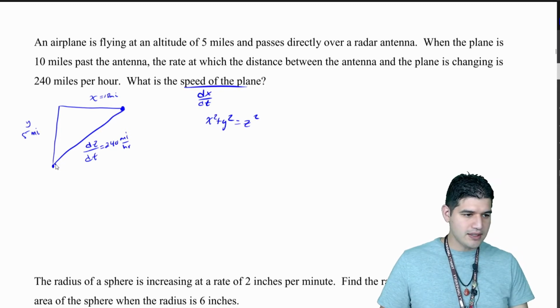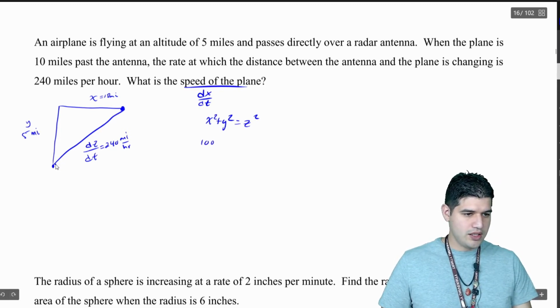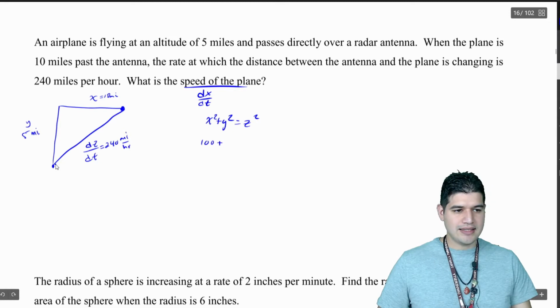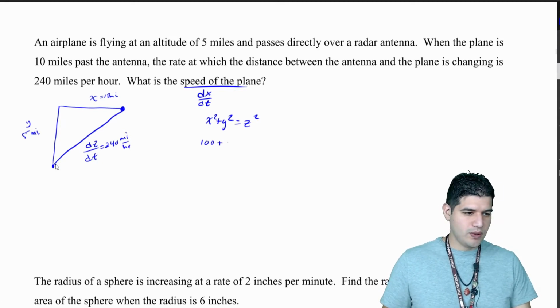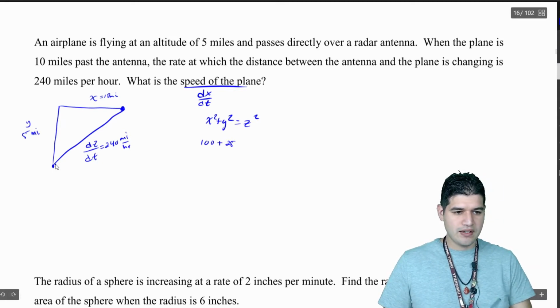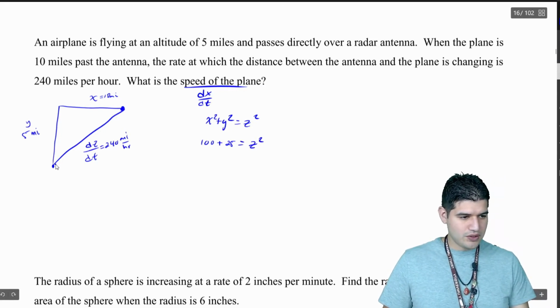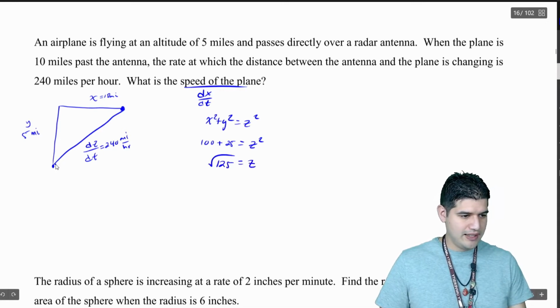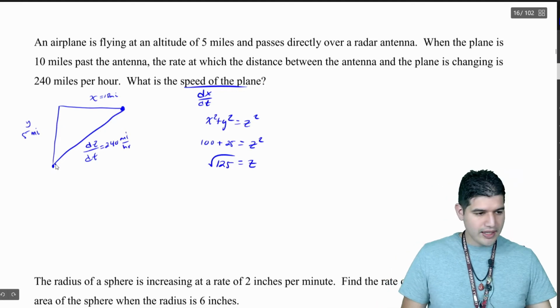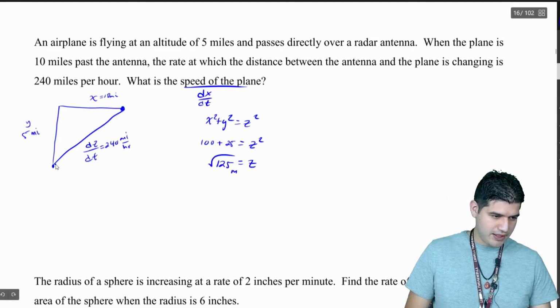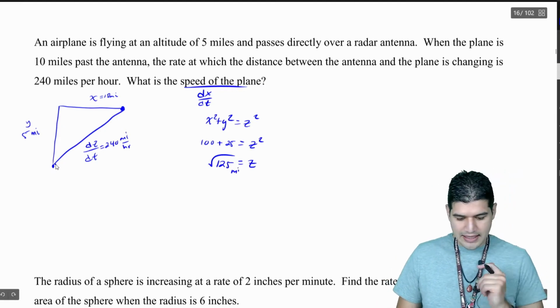So x squared is 100, because that's 10 squared, and y squared is 25, because that's 5 squared. So z squared is 125, so I'm going to take the square root of 125 to get z, and that is in miles. Let me just make a note there that that is in miles.